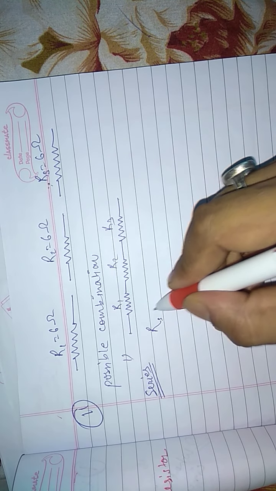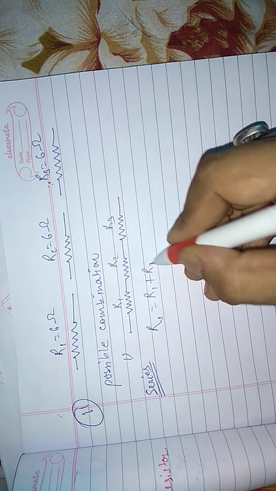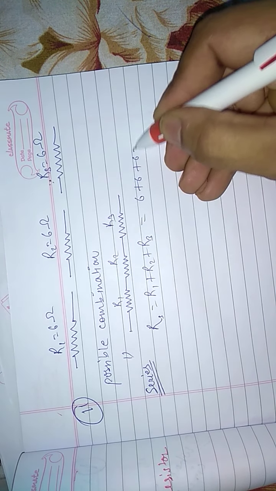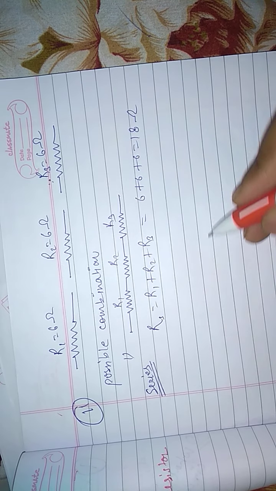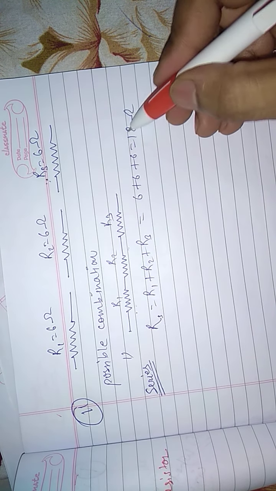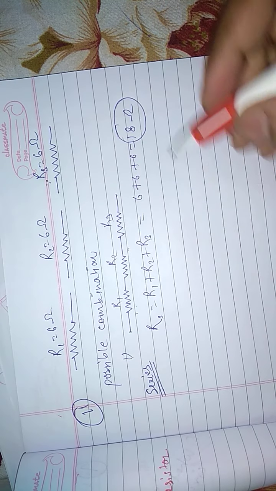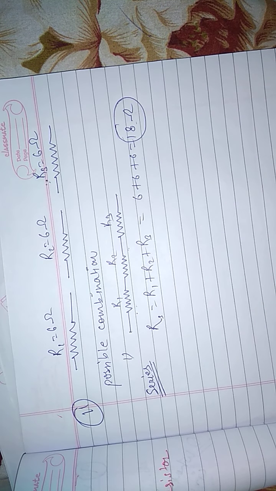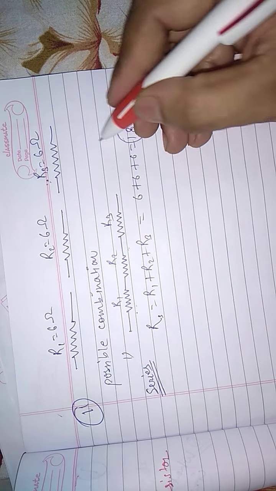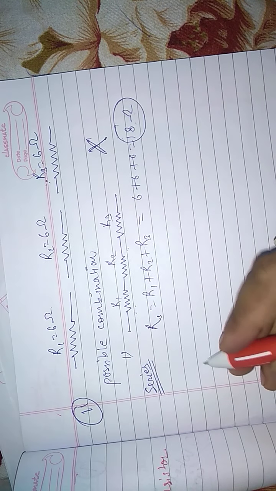So R series will be equal to R1 plus R2 plus R3. 6 plus 6 plus 6 equal to 18 ohm. If we connect all three resistances in series, then the total resistance will be 18 ohm. But in the question we are asked for a combination resistance of 9 ohm and 4 ohm. So this combination is not proper.